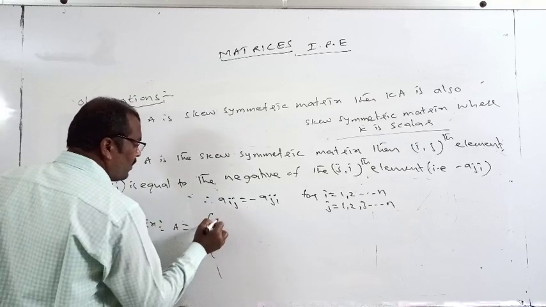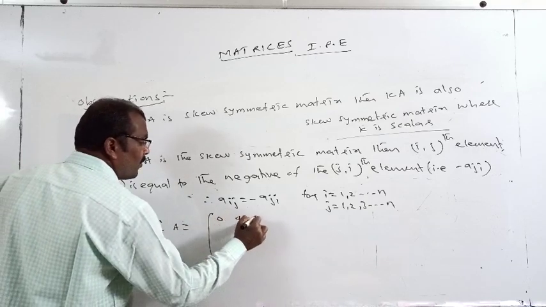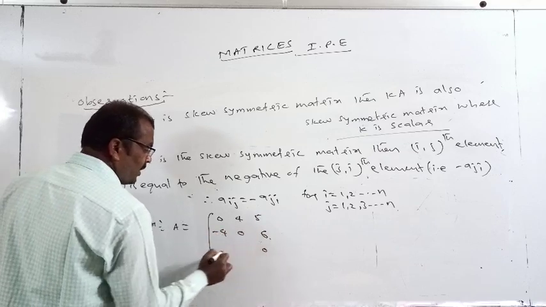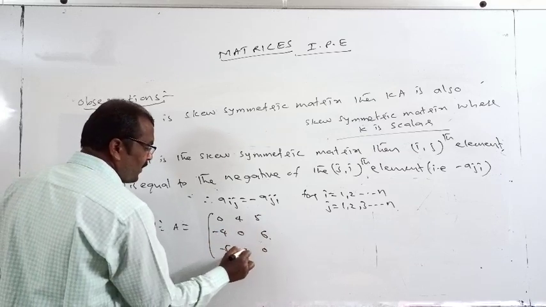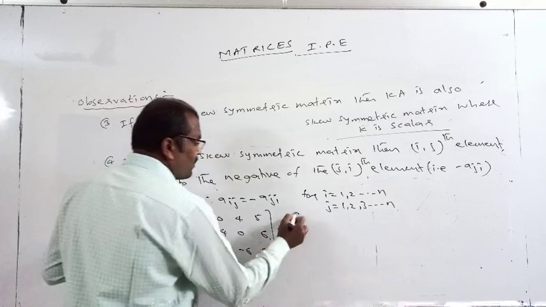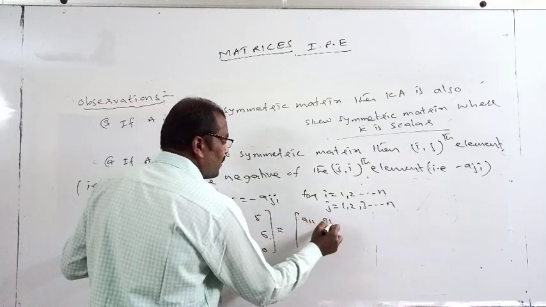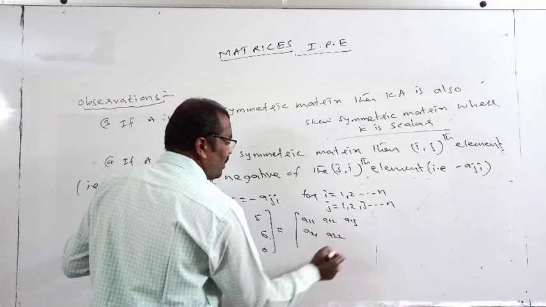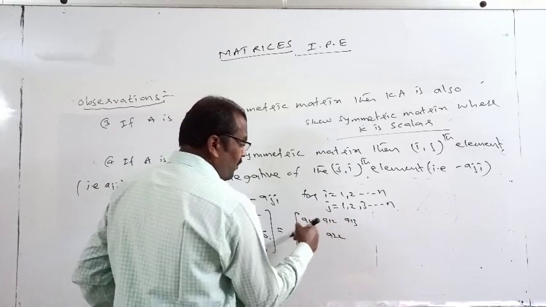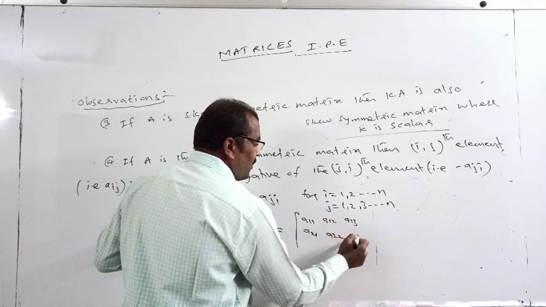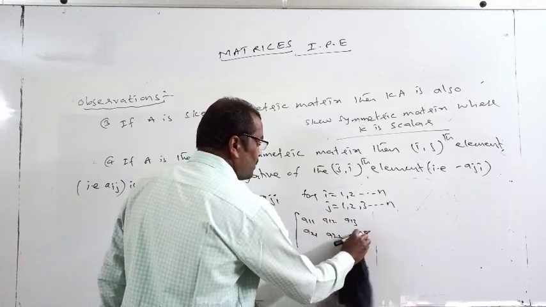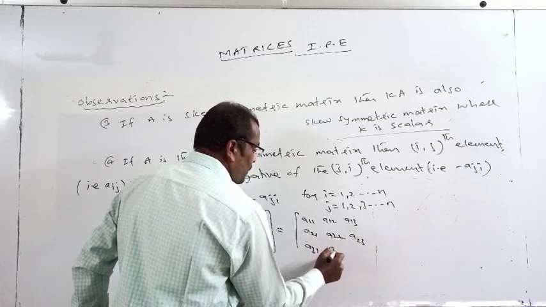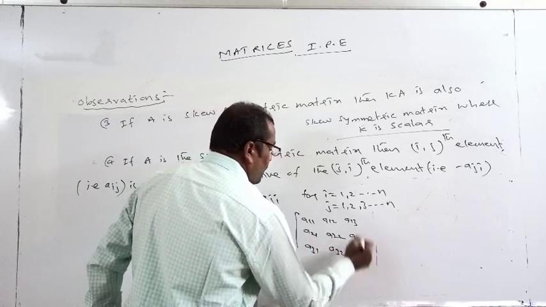So A is equal to 0 4 5, minus 4 0 6, minus 5 minus 6 0. So see this one. A11, A12, A13. What is the meaning of 11? First row, first column. 12 is first row, second column. A23, A31, A32, A33.